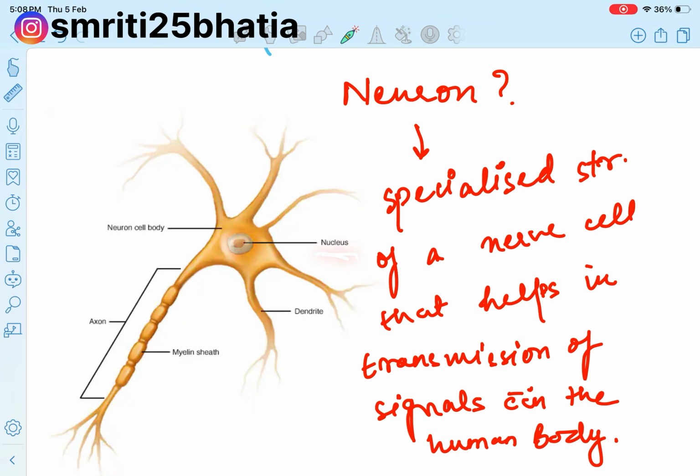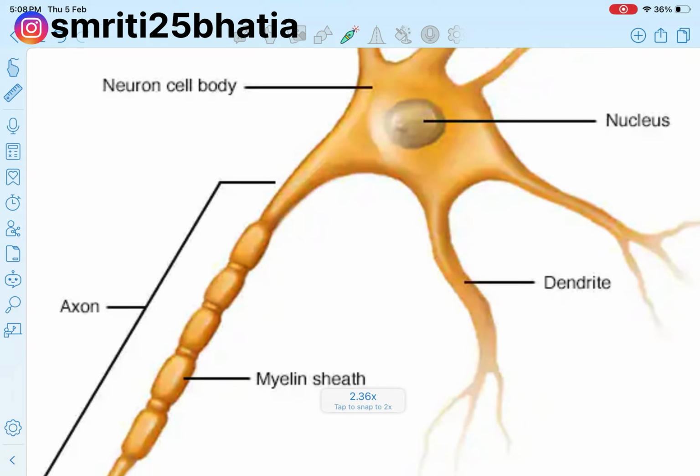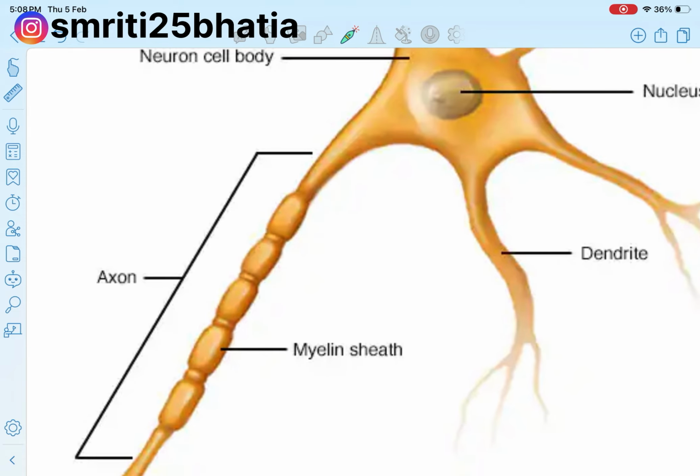Along with that we have the axon. Over the axon we have this covering, the myelin sheath. Let us zoom this in, and we can see small areas where the myelin sheath is not present. This is known as the node of Ranvier.